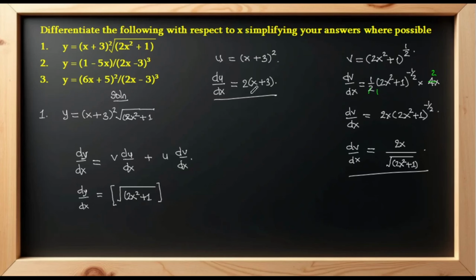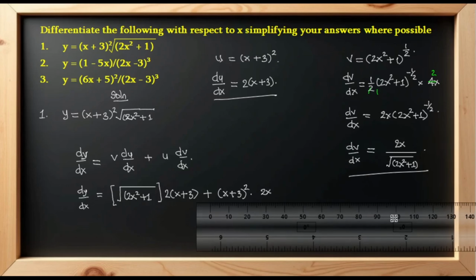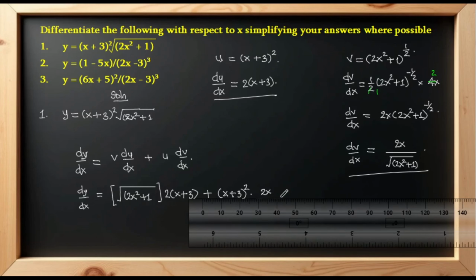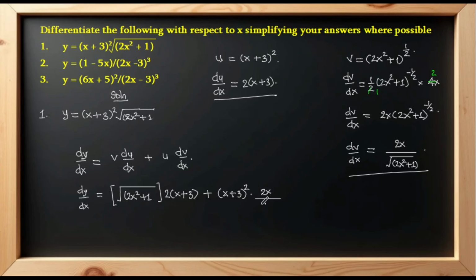x, and du by dx is 2 times (x plus 3). And then we bring this addition sign down and we have u, which is (x plus 3) raised to power 2, multiplying dv by dx, which happens to be 2x over the square root of 2x squared plus 1.